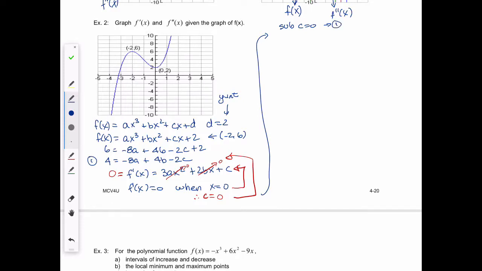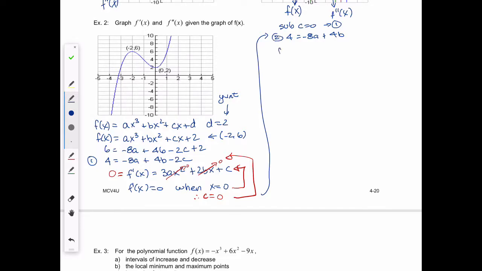So if that's the case, we have 4 is equal to negative 8a plus 4b. Subtract 2 times 0, which is 0. So I'm done. Okay? And I call this equation number 2 because I modified it.